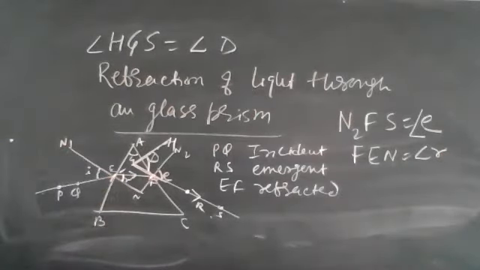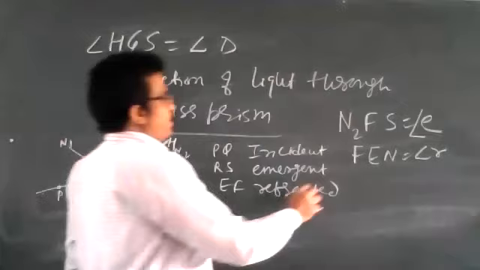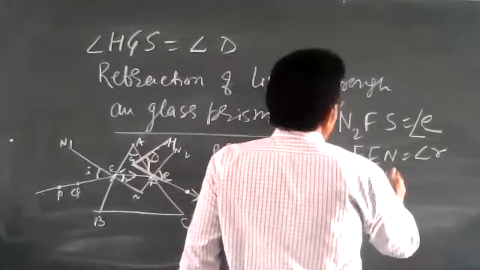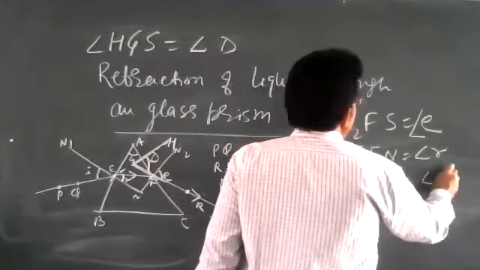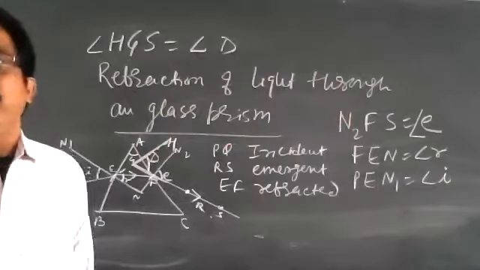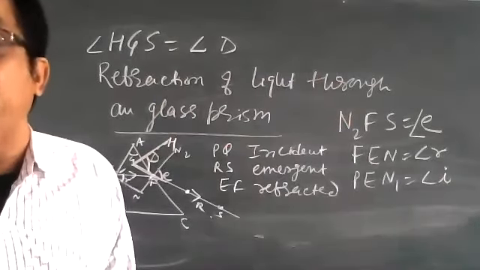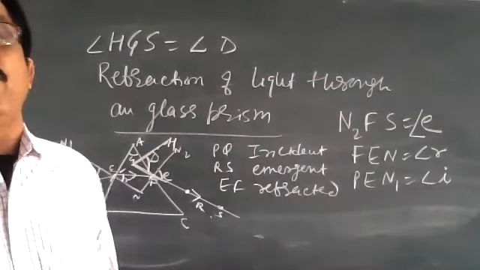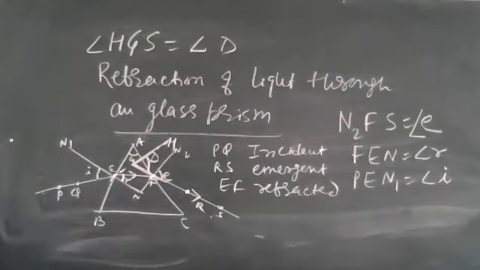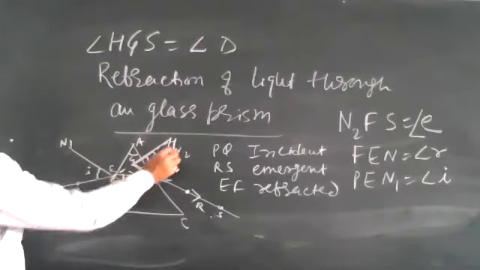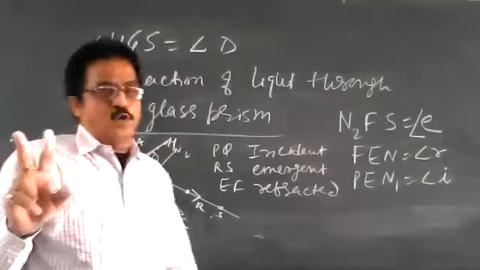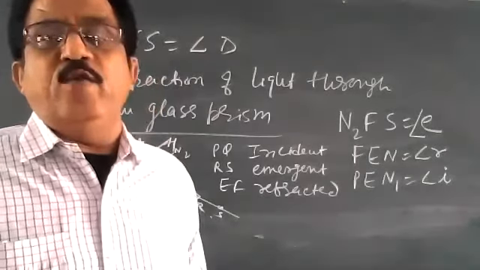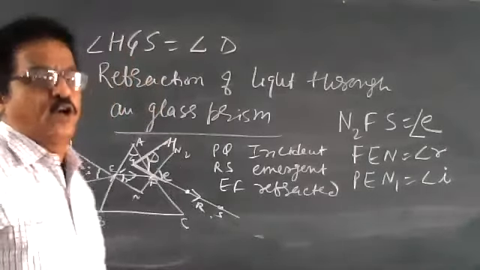Angle PEN1 is the angle of incidence. N1N and N2N are the two normals.